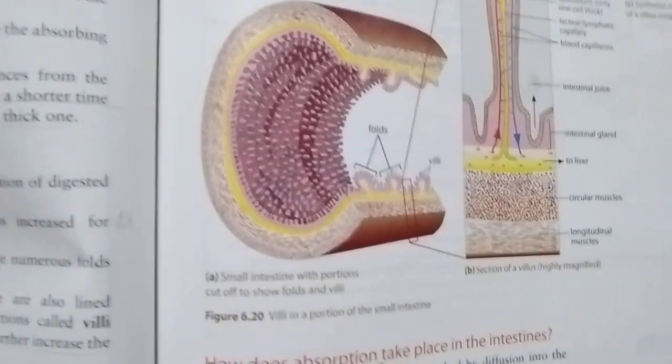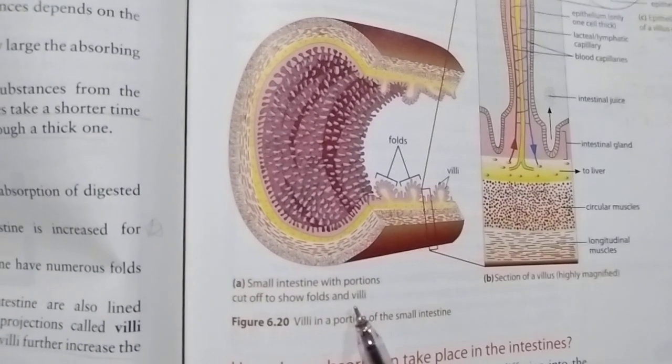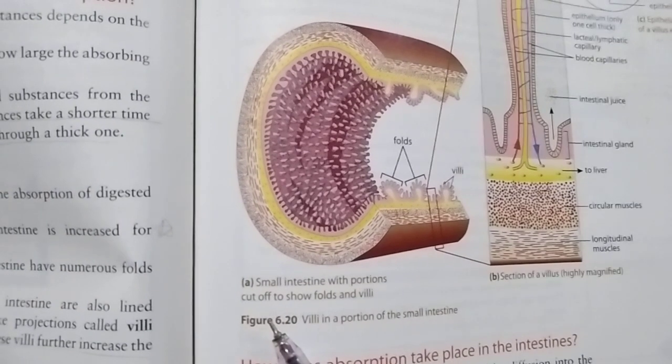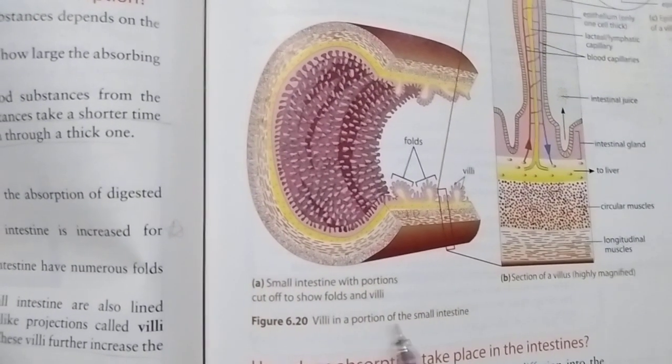Look at this diagram and try to understand the small intestine with portions cut off to show folds and villi. Villi in a portion of the small intestine.